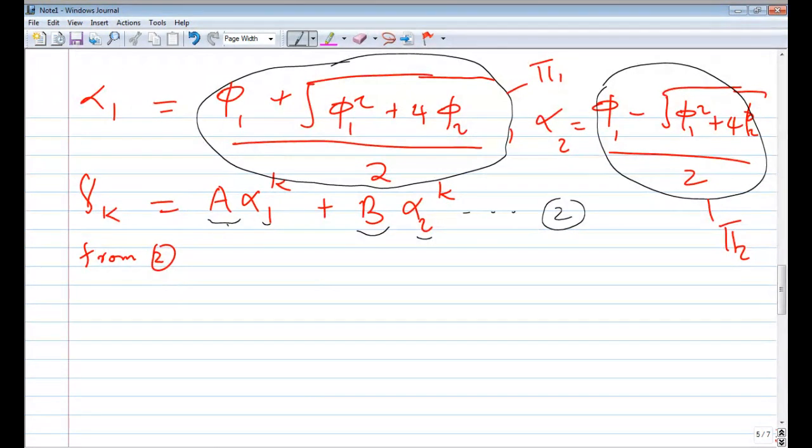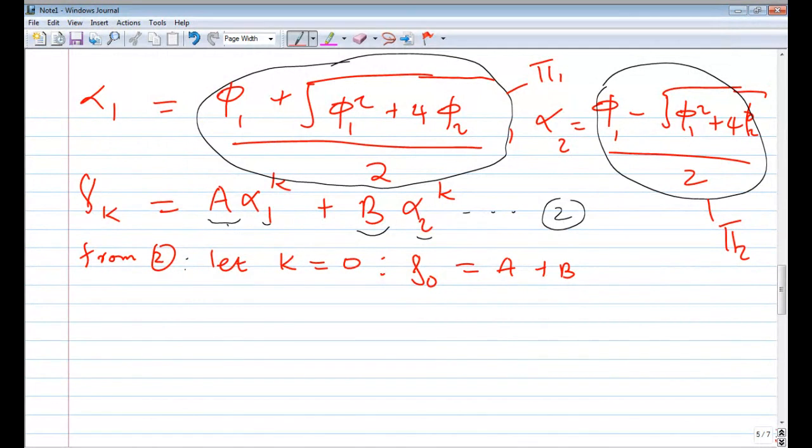Let's say from equation number 2, let k be equal to 0. If k equal to 0 now, what are you going to get? Rho 0 equal to a plus b, isn't it? Because k equal to 0.